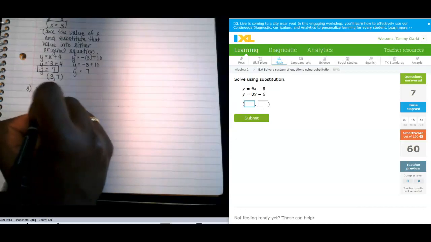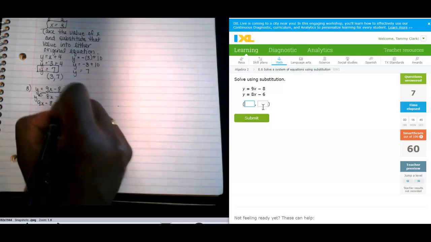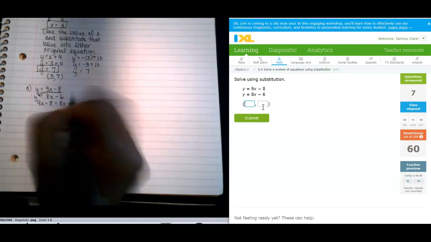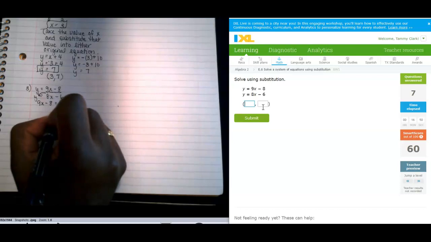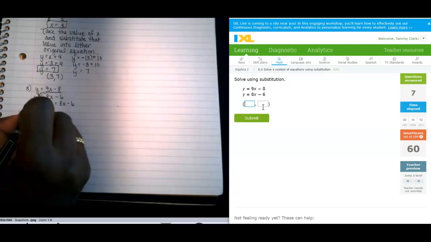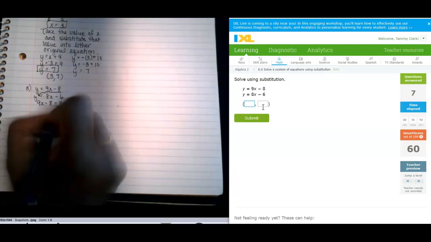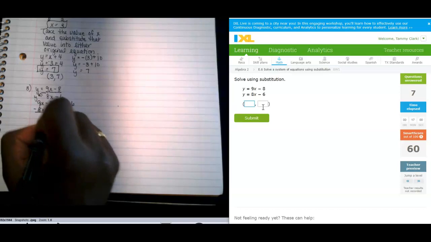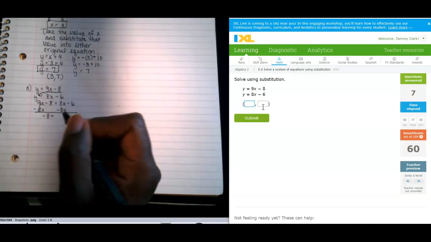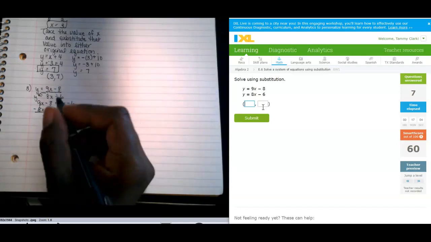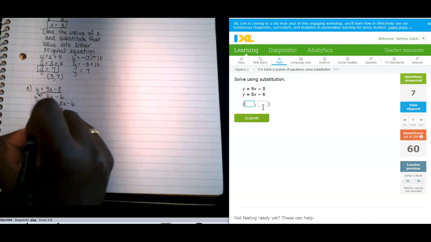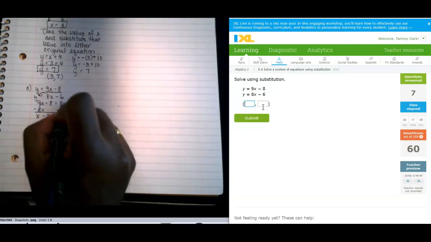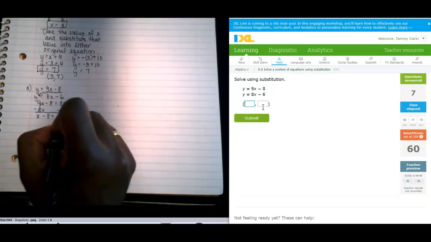So I've got 9x minus 8 is equal to 8x minus 6. Since this 9 is bigger and I want a positive x value, I'm going to subtract 8x from both sides of the equation. I'm left with x minus 8 is equal to negative 6.